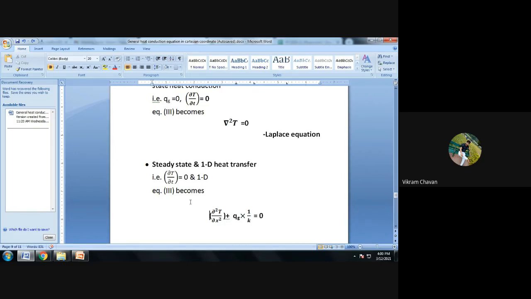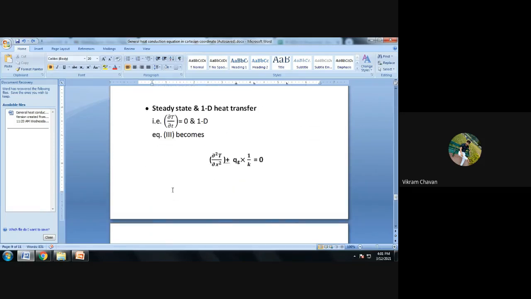Therefore equation 3 becomes ∂²T/∂x² + qg/k, or qg multiplied by 1/k, is equal to 0.